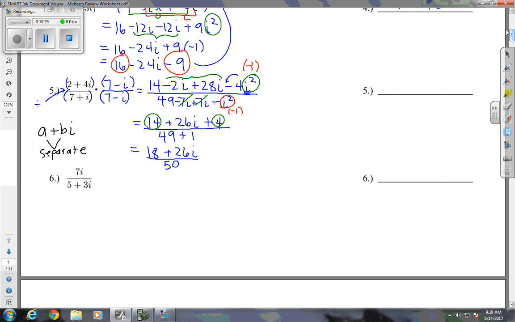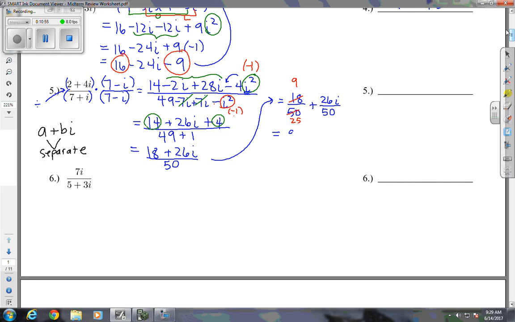So, splitting up our fraction, we have 18 over 50 plus 26i over 50. So it's in standard form, but now we need to reduce. So let's see, 18 and 50 are both even numbers. So if I divide 18 by 2, that leaves 9. 50 divided by 2 is 25.